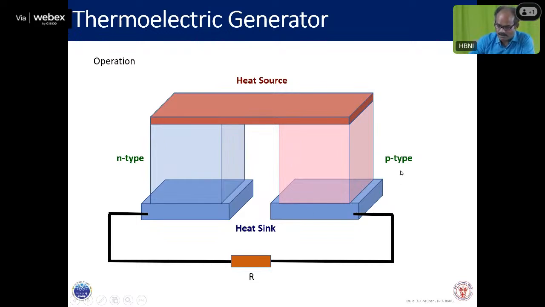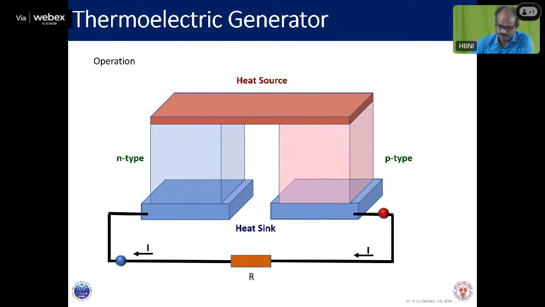Suppose connected to some water reservoir at 30 degrees centigrade or some ice at 0 degrees centigrade. Now, the electrons and holes, in p-type holes will move, in n-type electrons will move, they will be collected here, and then after that through the external circuit they will move through this load and the current will flow.